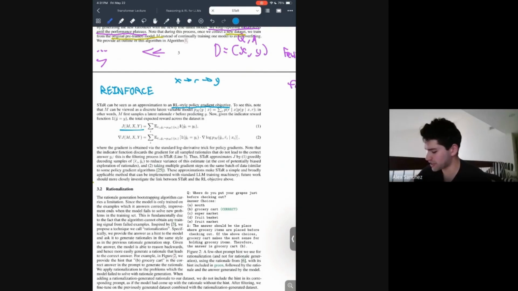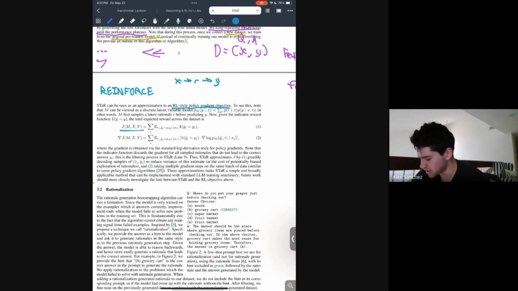That means there is a probability that a rationale is produced given the input, and a probability that an answer is given the input and the rationale for it. Basically, what REINFORCE does, if you remember it, is use this external signal, the reward, to generate gradients and push the weights of a model further towards increasing that reward.